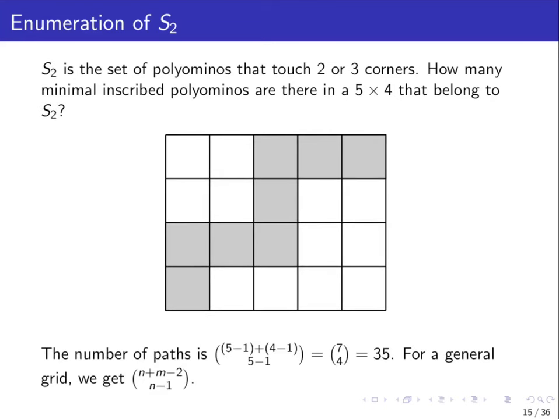And in fact, we'll see that the number of paths is the width minus 1 plus the height minus 1, choose the width minus 1, to get, in general, the number of paths between these 2 corners. So in our example, we have 5 minus 1 plus 4 minus 1, choose 5 minus 1, which is 7 choose 4, which turns out to be 35 unique paths that include those 2 corners.